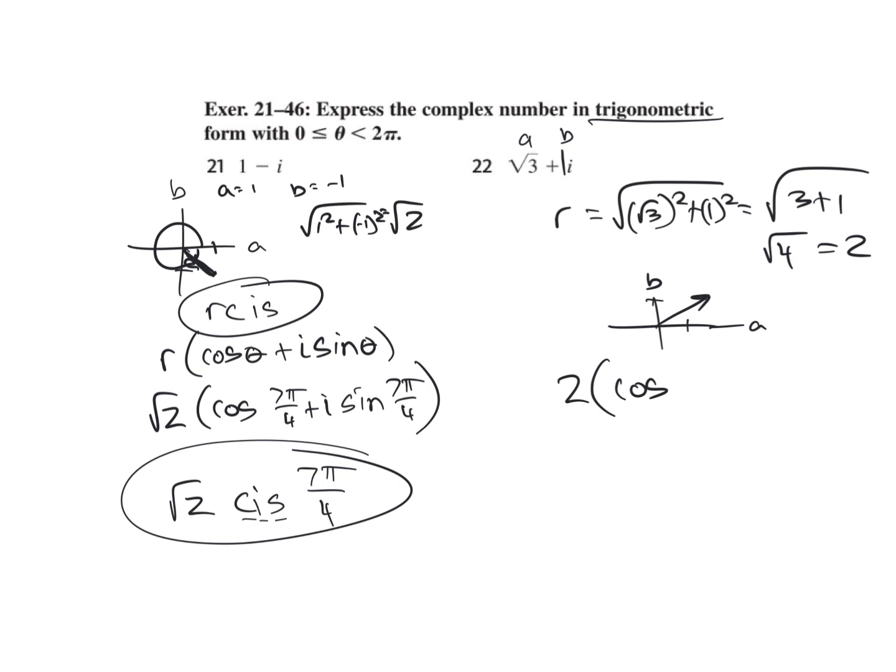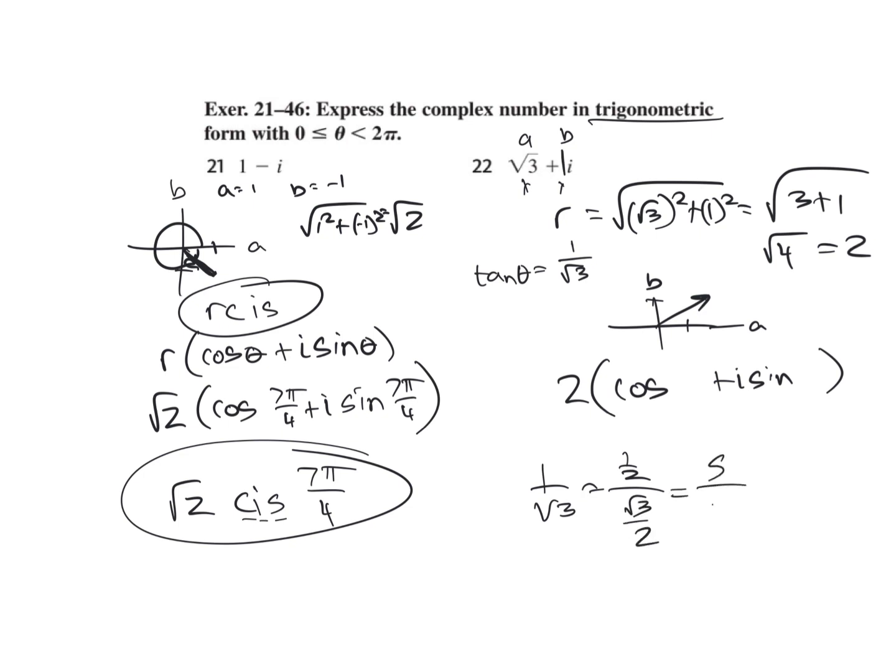Now we just need theta. Got to figure out what theta is. So how do we do that? You have 1 and the square root of 3. Well, that's the same thing as x and y. Well, the tangent of theta is y over x. That's 1 over the square root of 3, which should look very familiar to you. 1 over the square root of 3 is the same thing as 1/2 over the square root of 3 over 2.